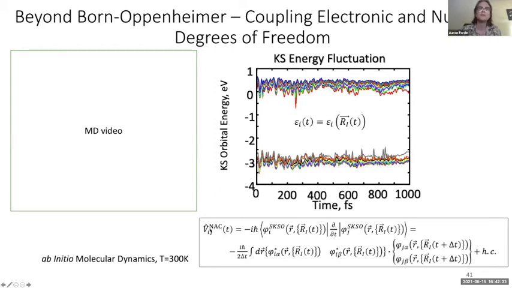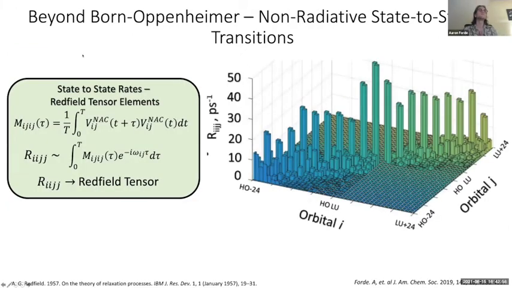And then at each time step, we compute these non-adiabatic couplings with spinor orbitals, which has two different contributions due to the way that they're constructed. Okay. And then from the dynamics, those non-adiabatic couplings are processed into Redfield tensors, which are shown on the right.